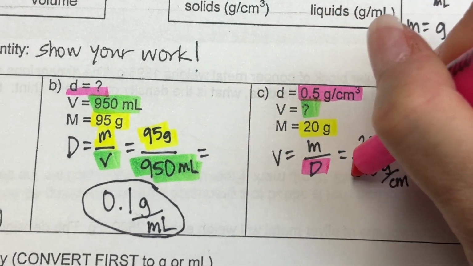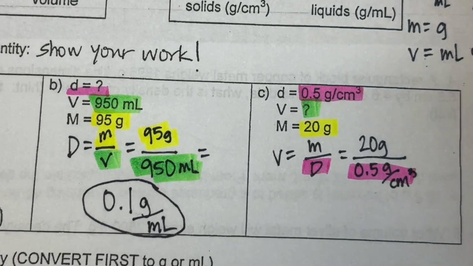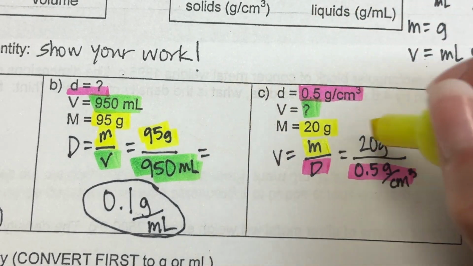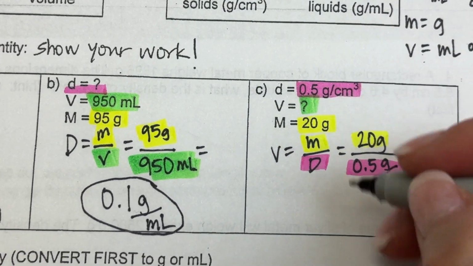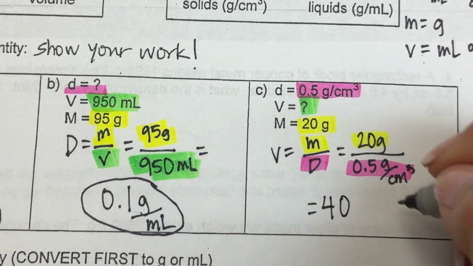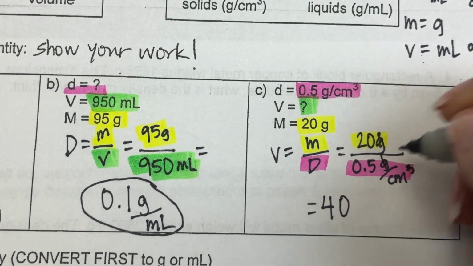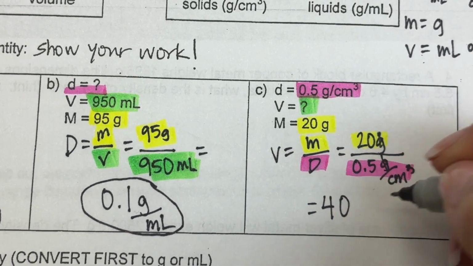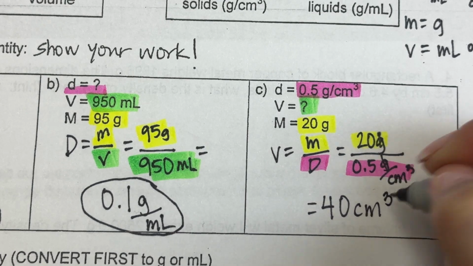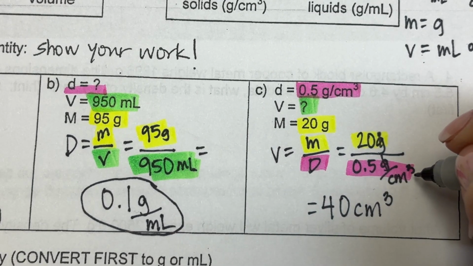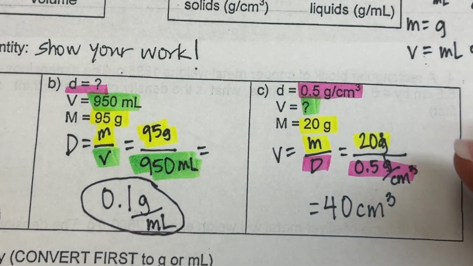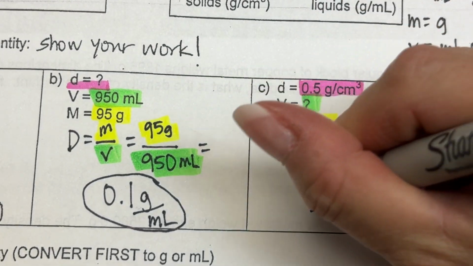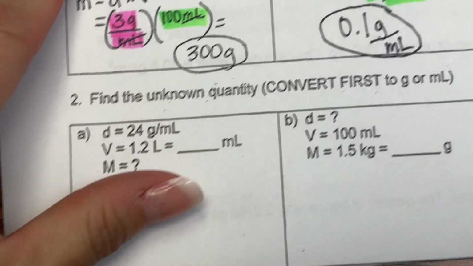So again, I'm going to keep with the same colors that I've been using to help myself. I'm going to plug my numbers into my calculator. 20 divided by 0.5 is 40. And then grams divided by grams cancels out. And I end up with centimeters cubed in the numerator because this goes to the top, because it is the denominator of the denominator. And I'm done.